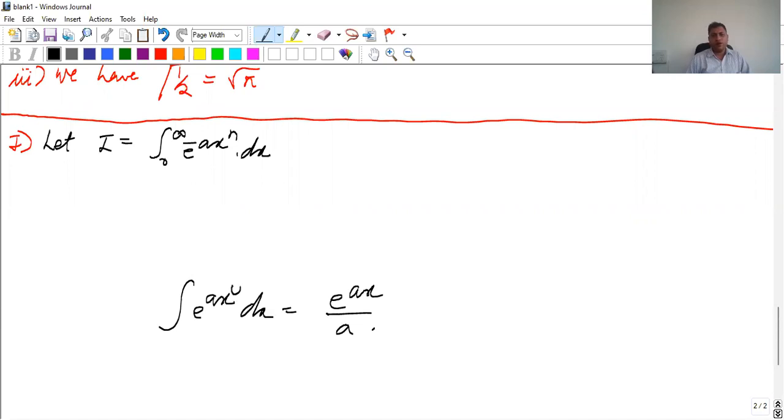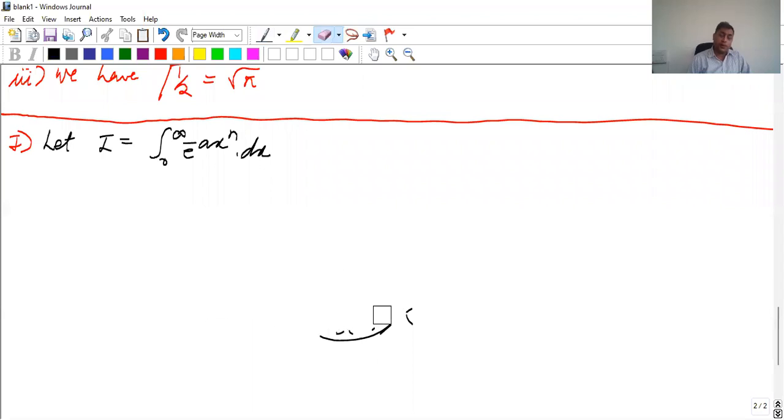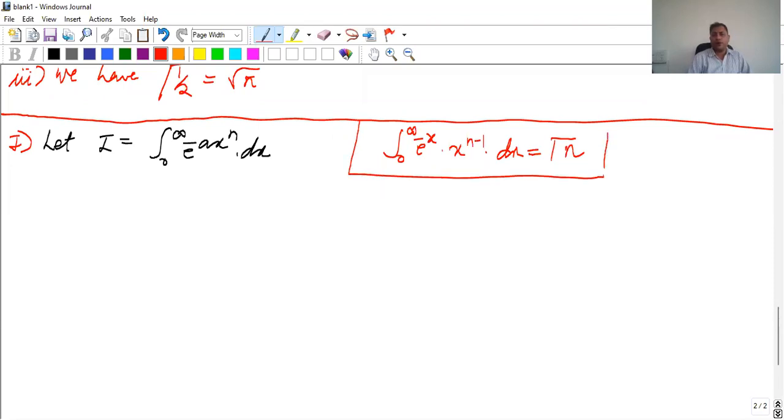But when we have some other power here, then this will not be possible, and that's why we need to understand how gamma function can help us. If we compare this definition, integral 0 to infinity e raised to minus x, x raised to n minus 1 dx, this is going to be gamma n. Now in this integral, if we see, we have exponential raised to variable.